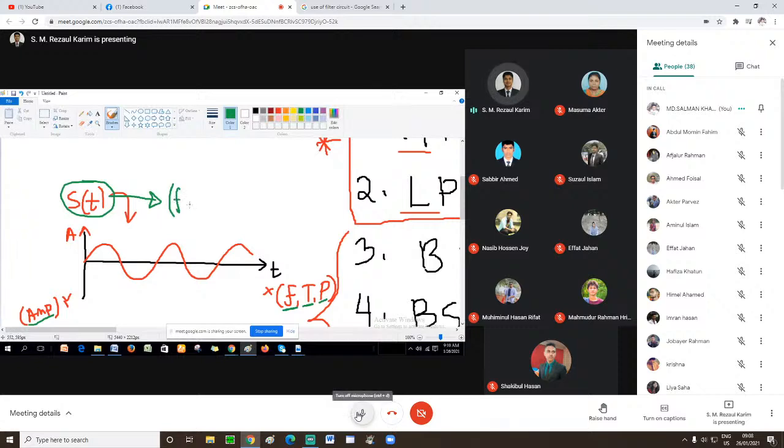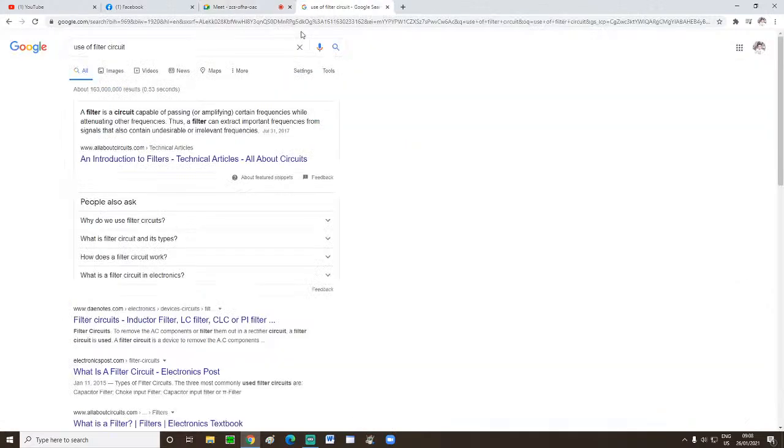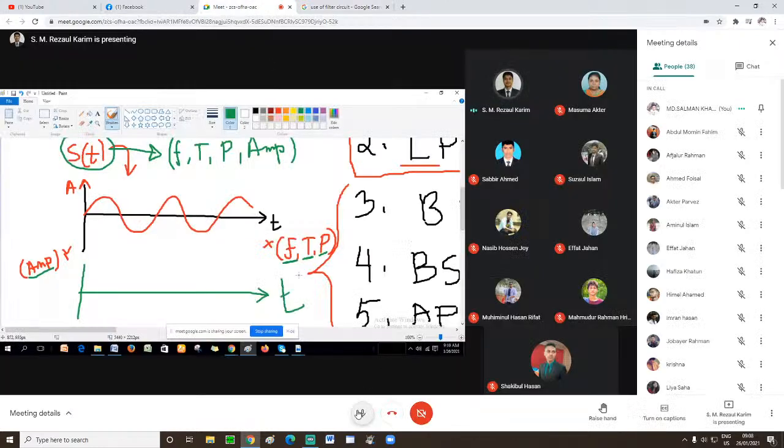I am writing the parameters here for better understanding. A signal parameter can be frequency, time period, phase, or amplitude. Similarly, if I draw another signal here, again this is amplitude, and the new signal is in this way. Is there any difference between the first and second signal?